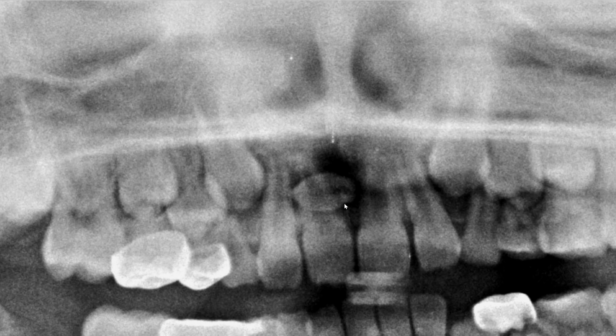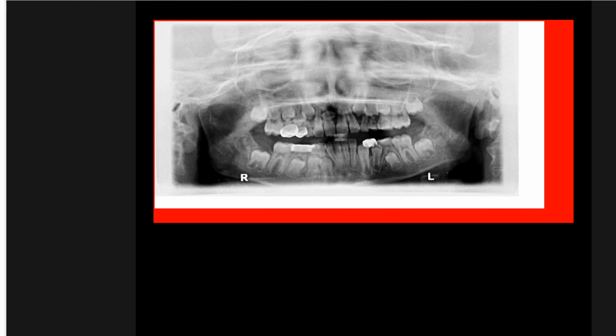Just based on this, if you already know what it is, well, I've kind of already shared with you in the title. But now let's take a look at this area again on periapical radiograph and see how much more detail that we can get out of the image.